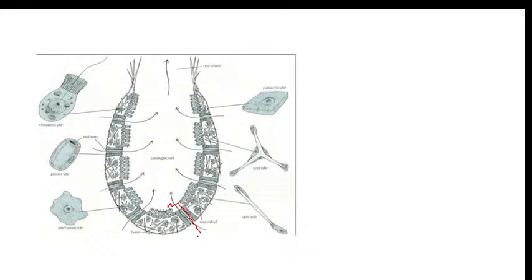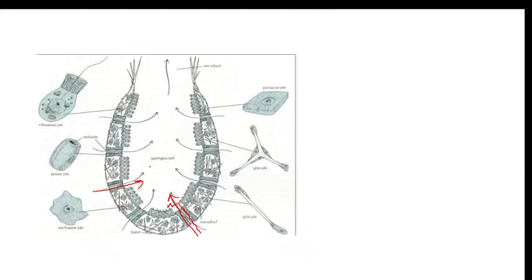The cells are pinacocytes, the outer layer of cells; spicules, the skeletal elements, which are of different shapes; archaeocytes, found in the innermost layer; then amoebocytes, porocytes and choanocytes.